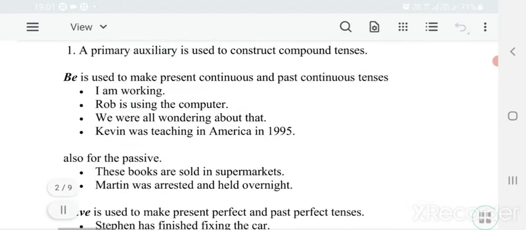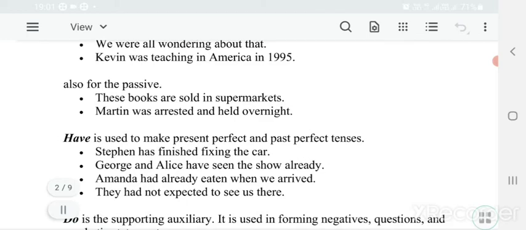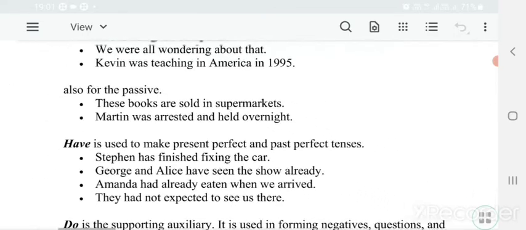So be is generally used to construct these kinds of sentences where there is a compound tense, and again these are used in passive voice. These books are sold in supermarkets.